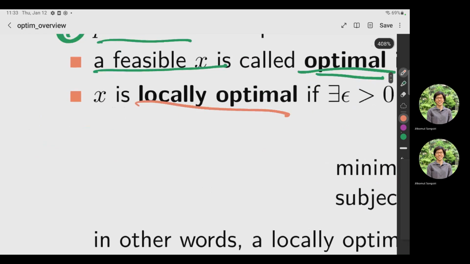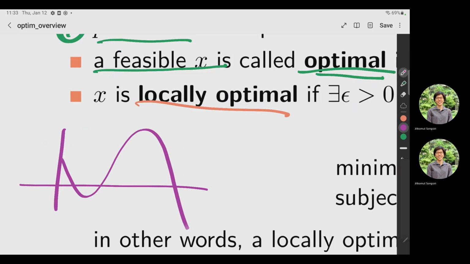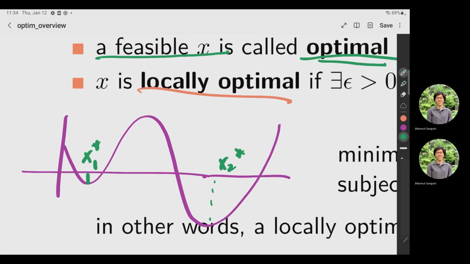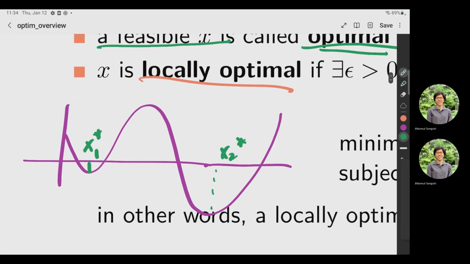Maybe go to one direction. You would understand it better. Like this. There's an x1 star and there's an x2 star. Where is p star of this problem? P star, the optimal value. P1 or P2?